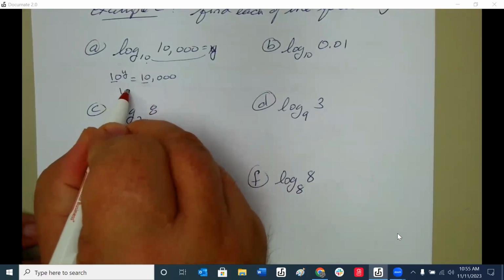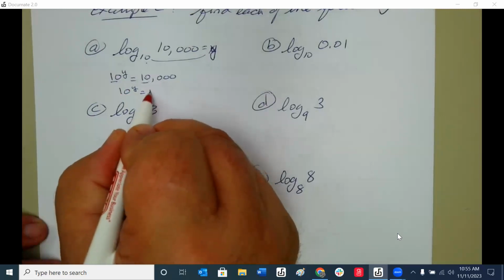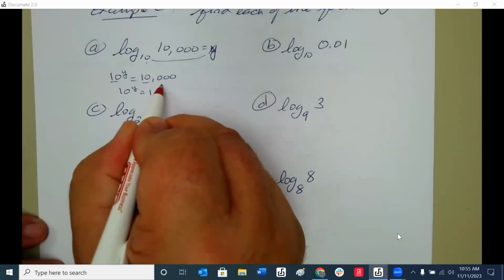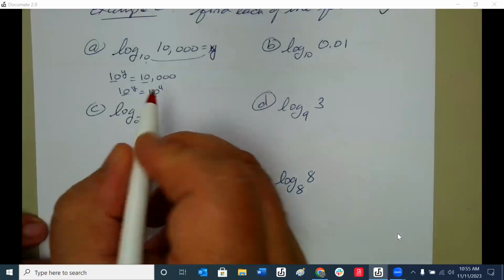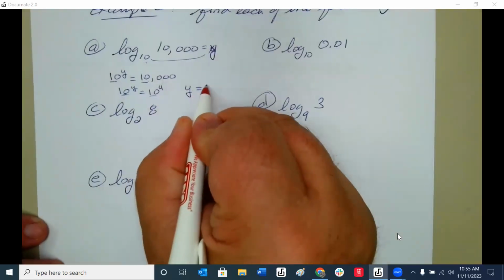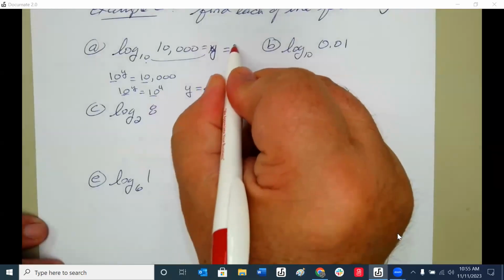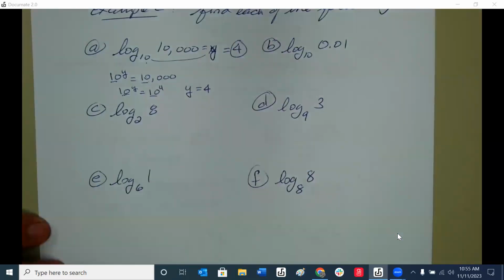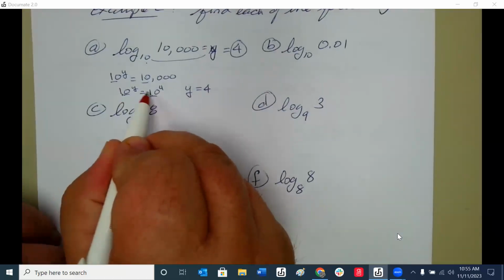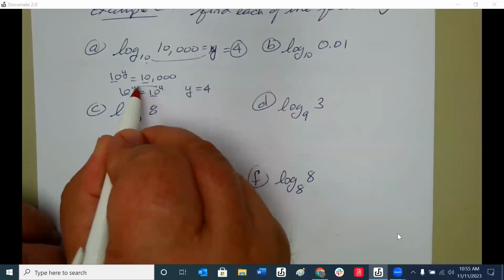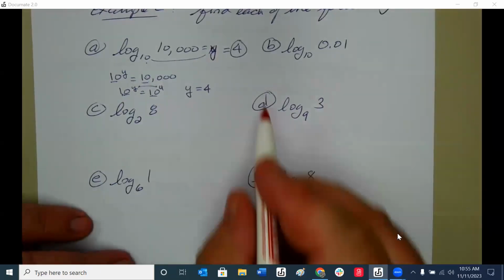So 10 to the power y, what is 10,000 made up of? It's 10 to the power 4. Since the bases are the same, that means y is equal to 4. That means the answer to this equation is 4. If the bases are the same, then the exponents have to be the same.